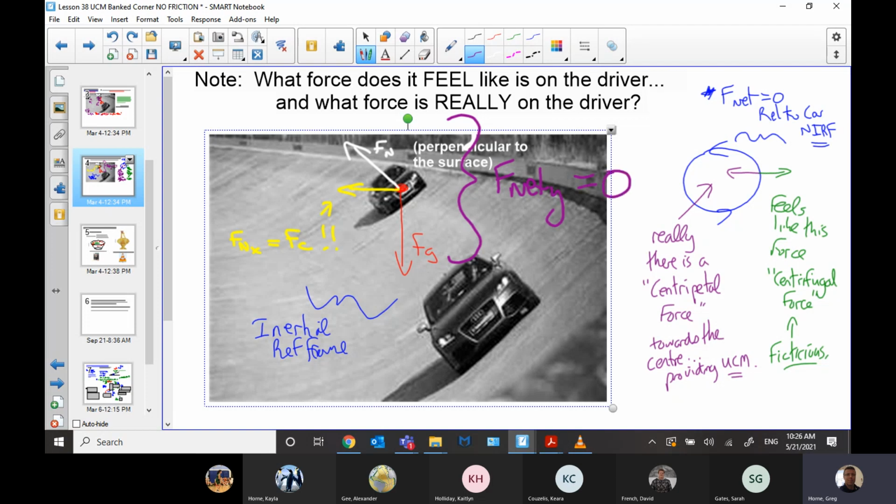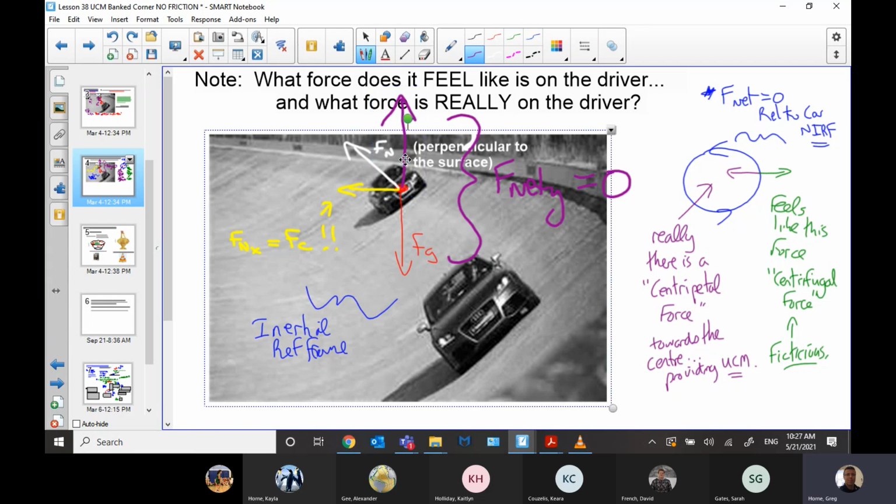So we know we have the gravity force for sure. And so we know there must be a force that's balancing that. So I'm going to draw it like this: there must be a force upwards that's balancing that in this uniform circular motion. You with me? So what force is providing that upwards force?